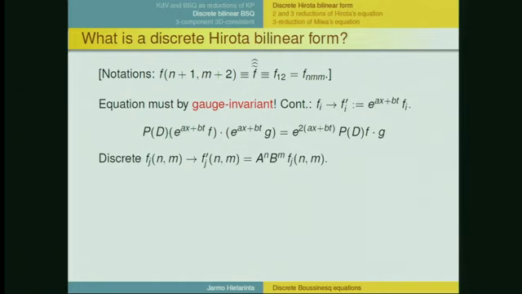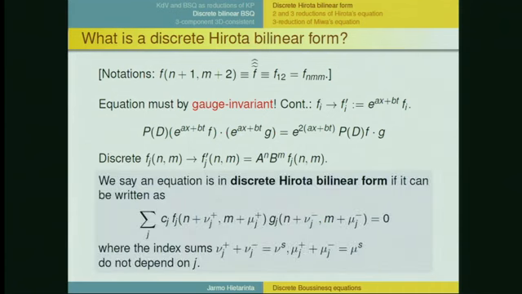Now in a discrete case, when we have discrete variables, it just has some powers like this, and then the discrete Hirota bilinear form can be obtained as a sum of terms, and in each of these terms the sum of these shifts is independent of the terms. So it is composed of bilinear quadratic terms, which have the same shift in all of the components.